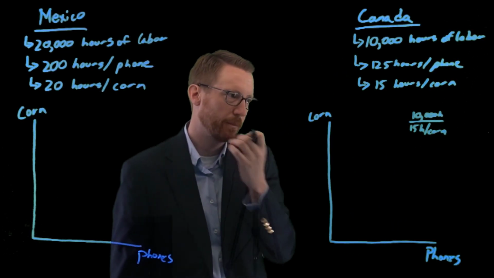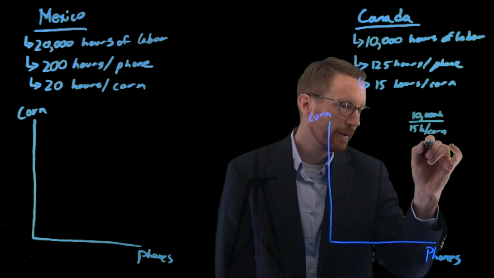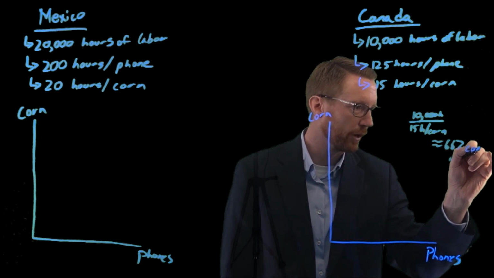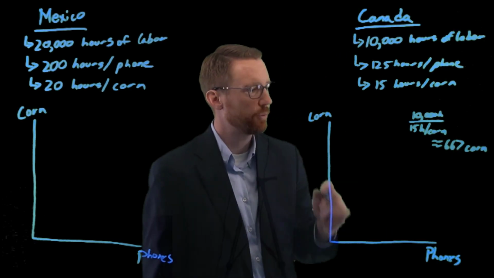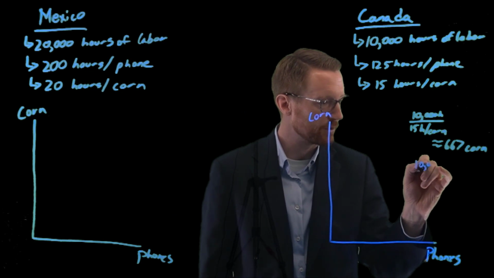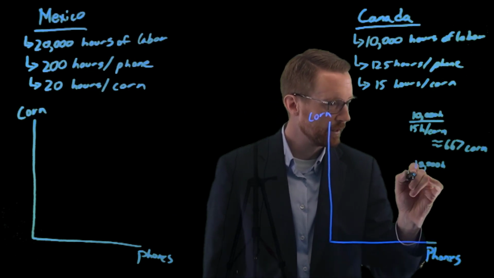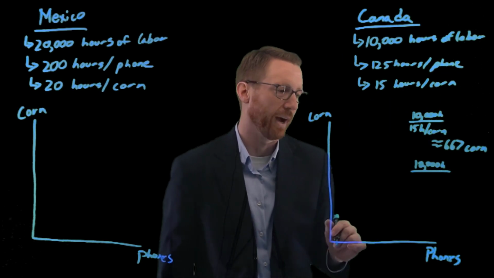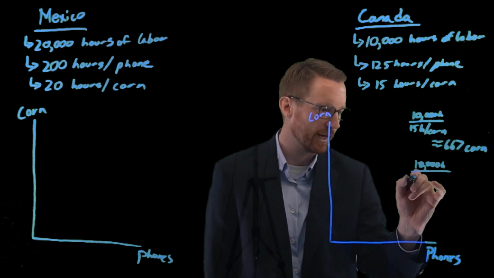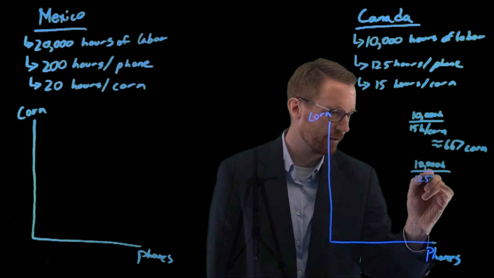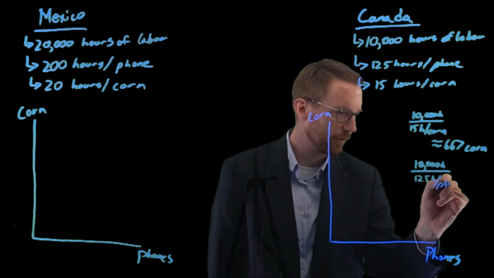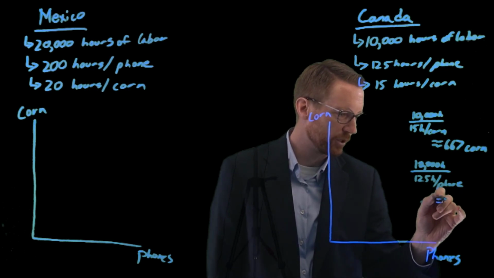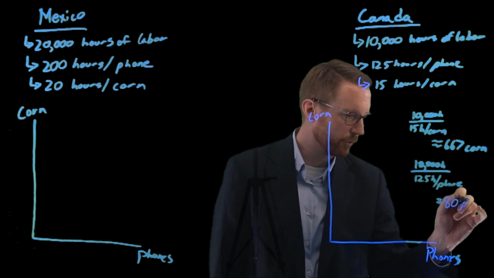Well, that works out to be approximately 667 corn. If they were to use those same 10,000 hours and instead put it in the phones, which take 125 hours for each phone, so 10,000 hours divided by 125 hours per phone, then they're going to be able to produce like 80 phones.